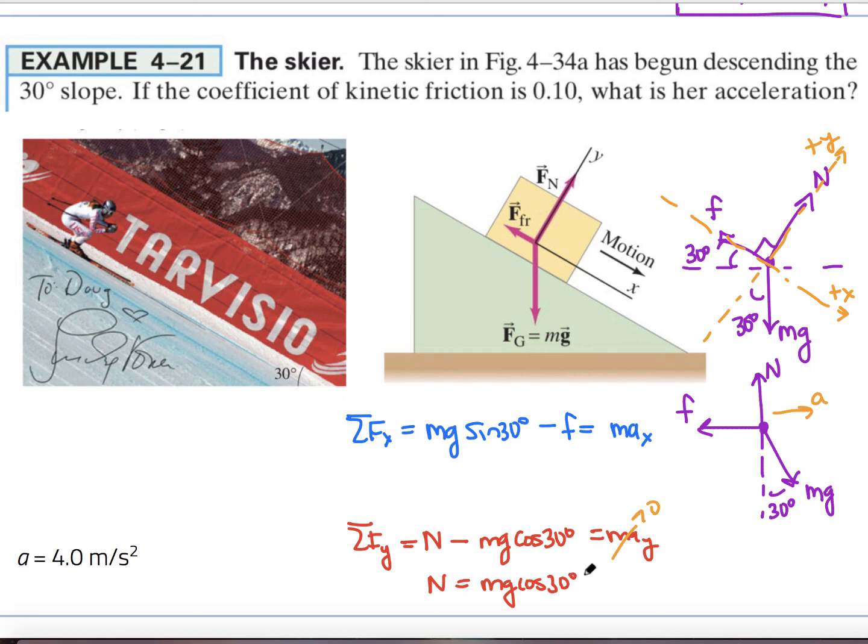So let's just get a number for this. So my skier, oh, I can't get a number because I don't have m. Well, gee, I guess we just need to plug it in up here.